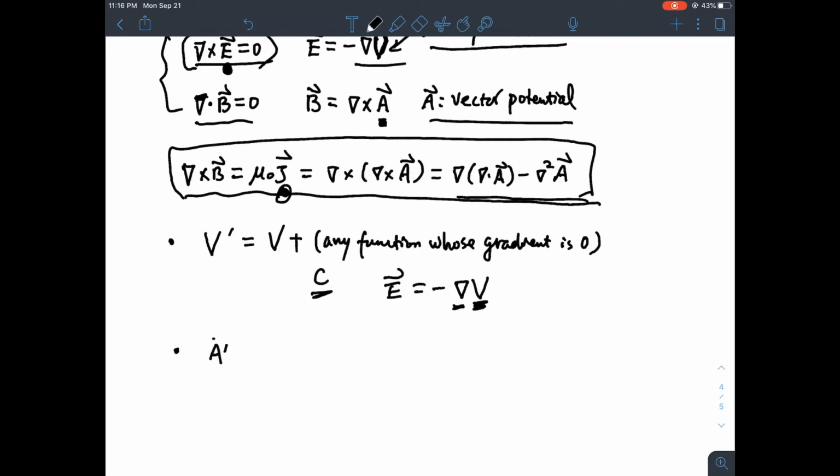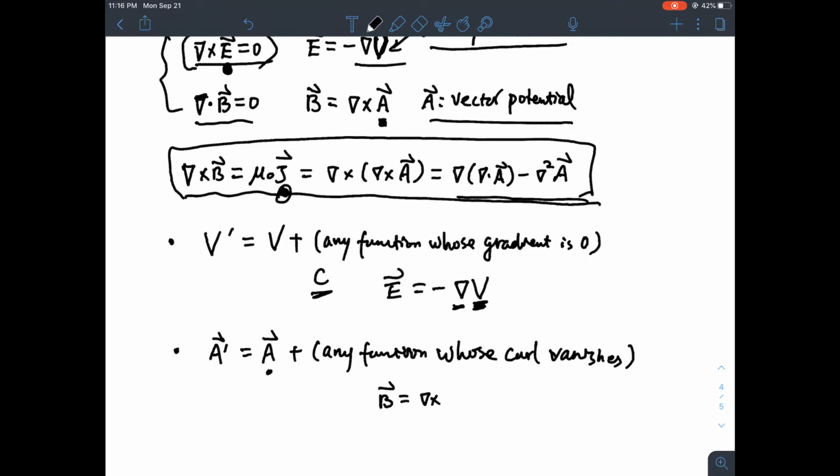If we originally have the vector potential A, and we add to it any function whose curl vanishes, then because B is really del cross A, the new A prime is my original A plus something whose curl is 0.